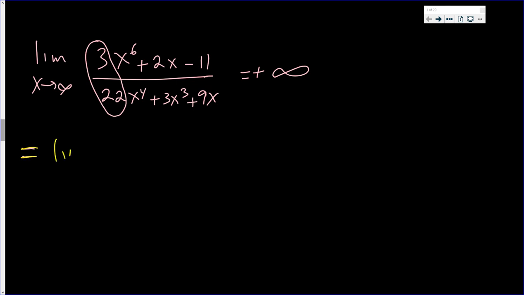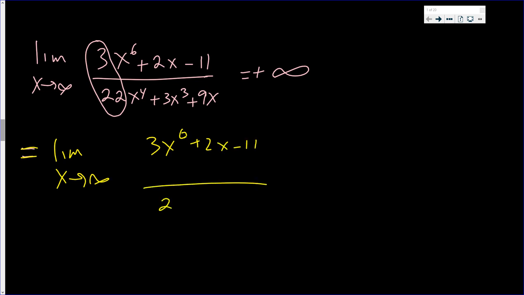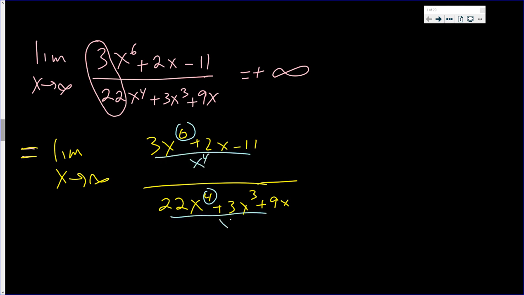So this is equal to the limit as x goes to infinity. We do something to the numerator. We do the same thing to the denominator. And what is this common thing that we're going to do? Well, the largest power is 6 and 4. We divide by x to the 4th.